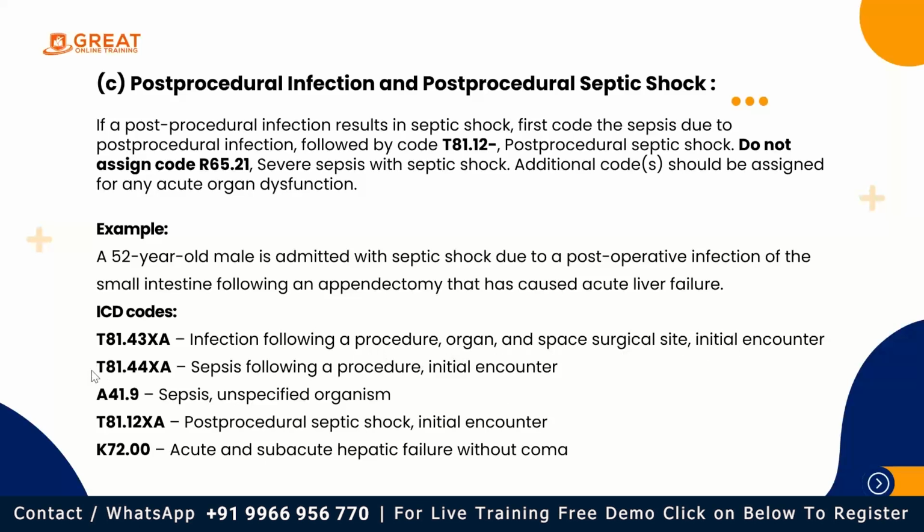Then we have to use sepsis code, post-procedural sepsis code, T81.44XA, sepsis following procedure, initial encounter. Then also we have to use A41.9 because the organism here is not specified, that's why we have to use A41.9.